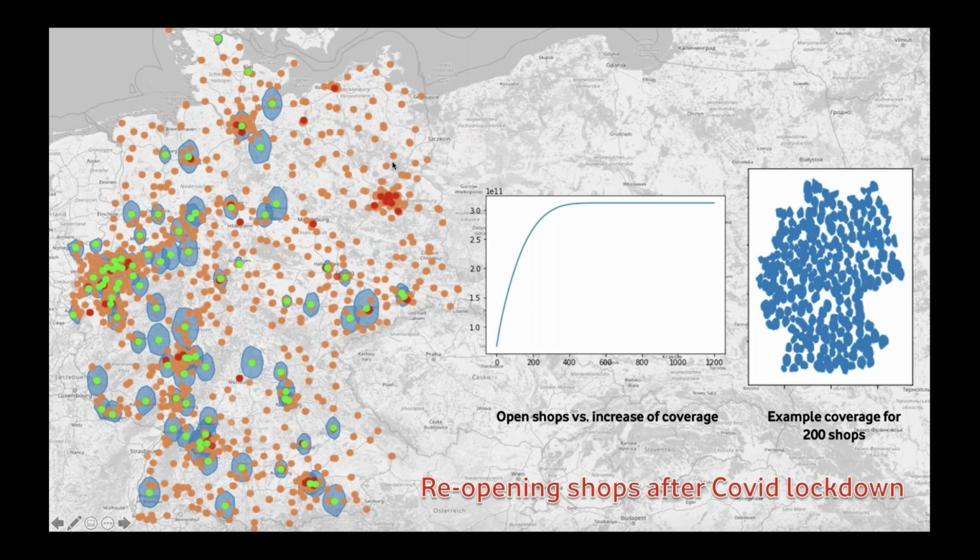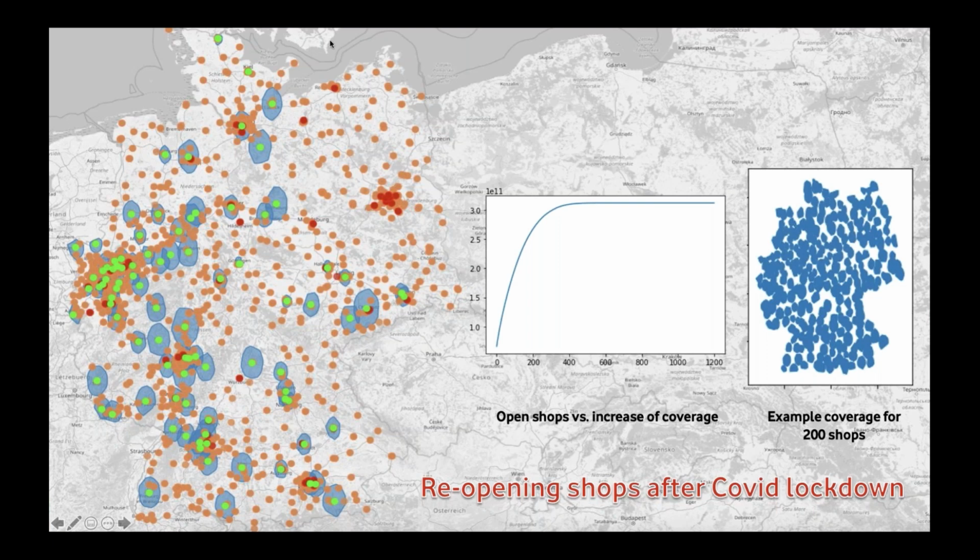What we want to do is choose as few shops as possible, but cover as much of the area of Germany as possible with their catchment areas. On the right-hand side, you can see an example of optimally choosing 200 shops and covering as much of Germany as possible.